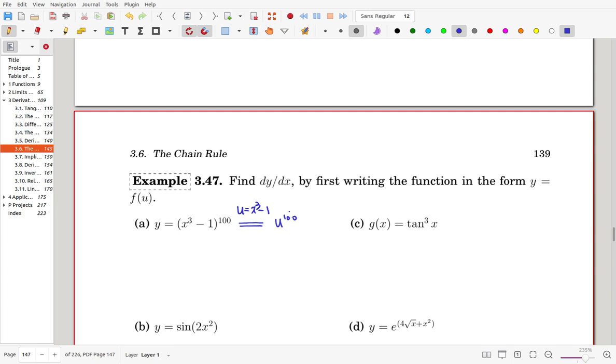Now dy over dx is the same as dy over du times du over dx.